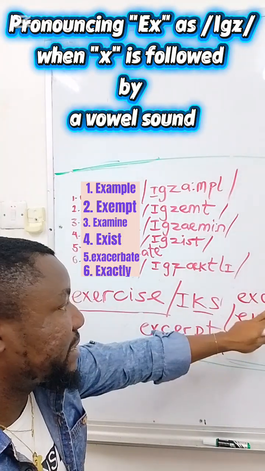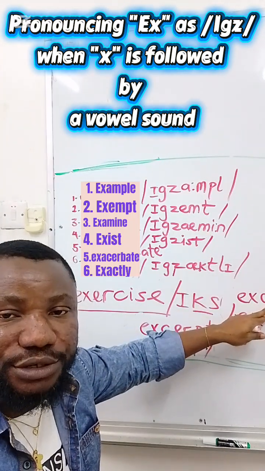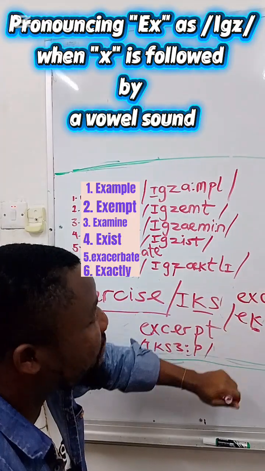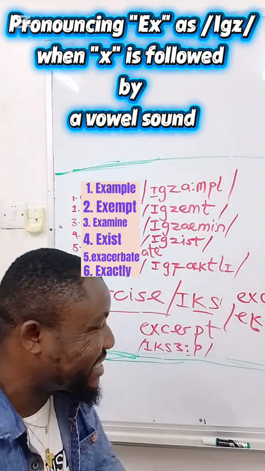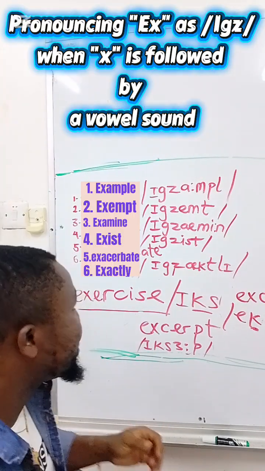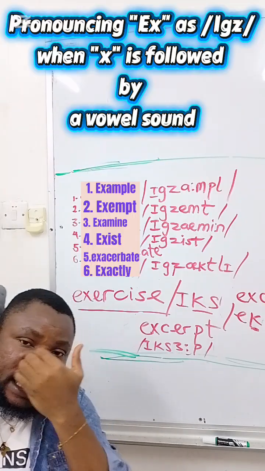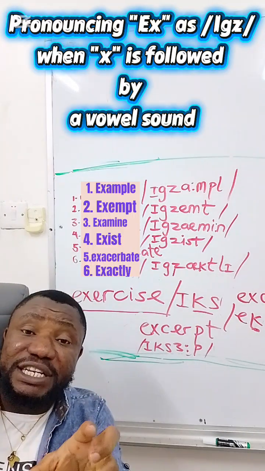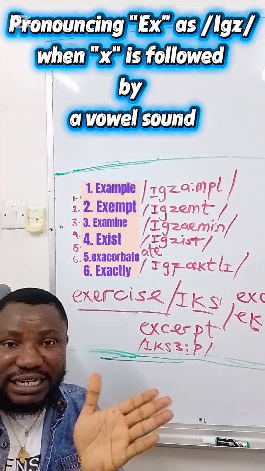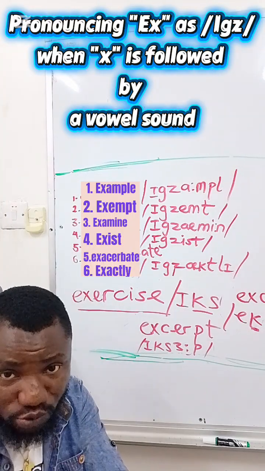What you have here is a consonant letter, and because this is a consonant letter, you have this word pronounced with X, not except. So this is how you pronounce words having a vowel letter or vowel sound coming immediately after the X letter in words.